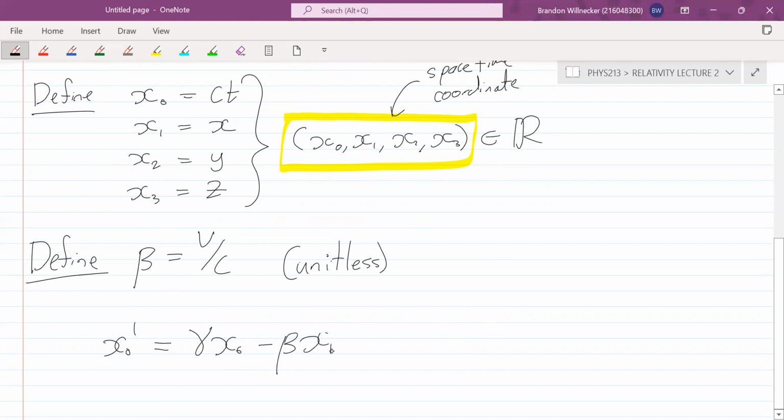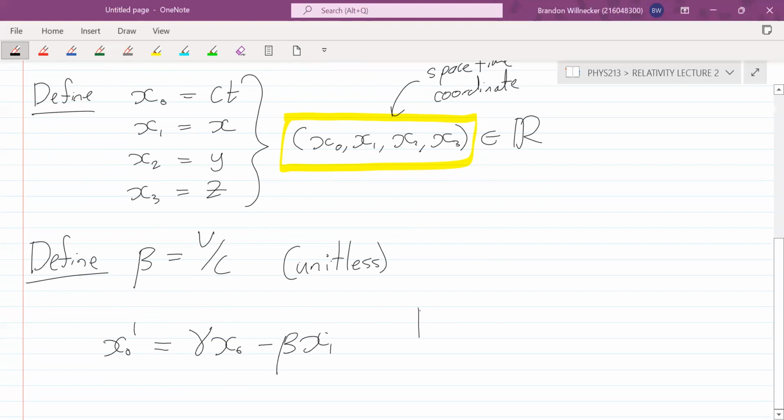Now, the first thing you should notice is that when we're going from primed to unprimed or unprimed to primed, notice how we are mixing space and time together to get the new coordinate.